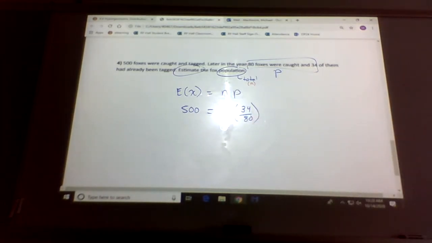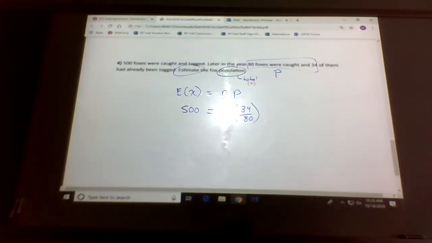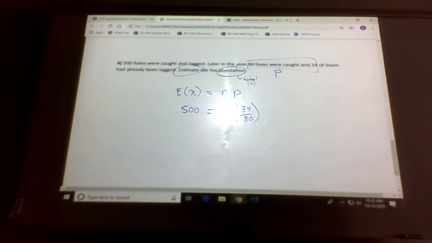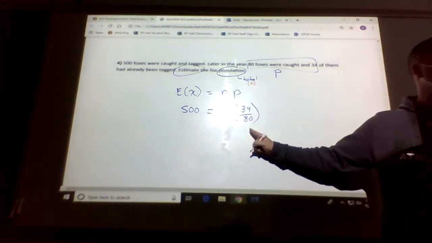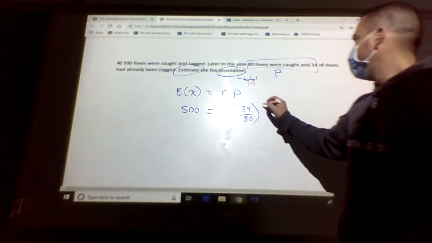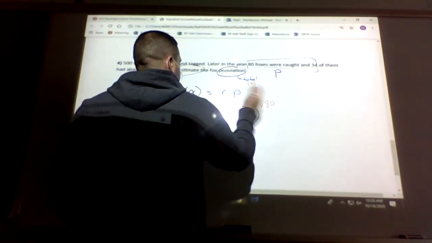Okay, let's do one by one. What could I move first? I'd do the 80 first. I'll tell you why: I'll get rid of the fraction. If I'm dividing by 80 here, what do I do on the other side? Multiply by 80, right? What I do to one side, I do to the other.